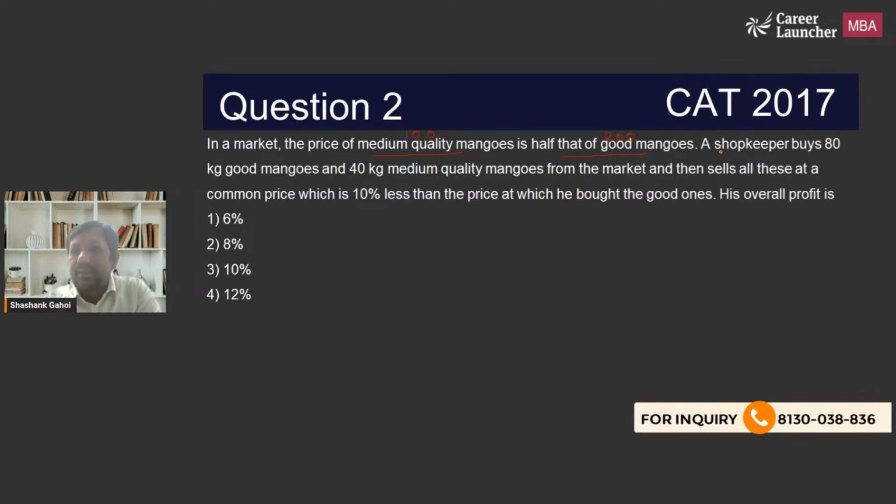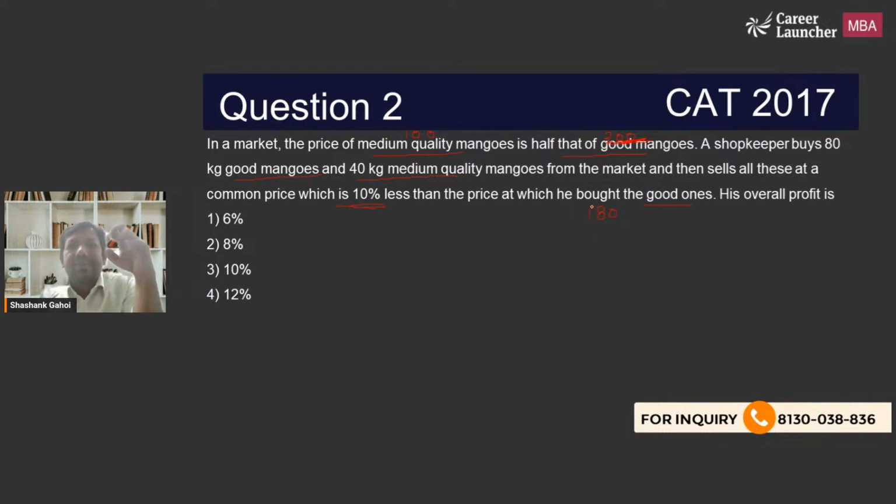A shopkeeper buys 80 kg good mangoes and 40 kg medium mangoes from the market and then sells them at a common price of 10% less than the price at which he bought the good ones. Okay, so common price is 10% less than 200. So selling price is 180 and the question is asking what is his overall profit.